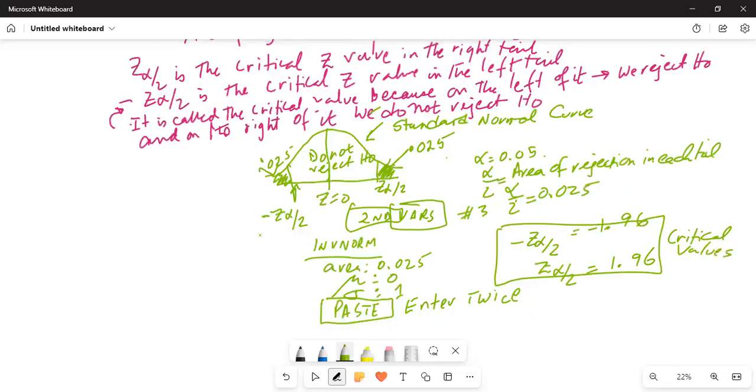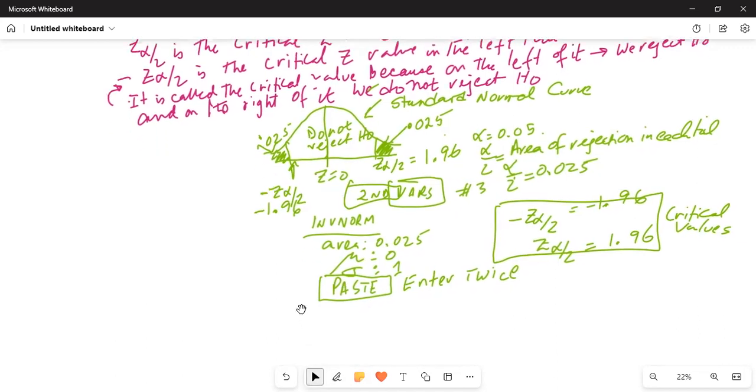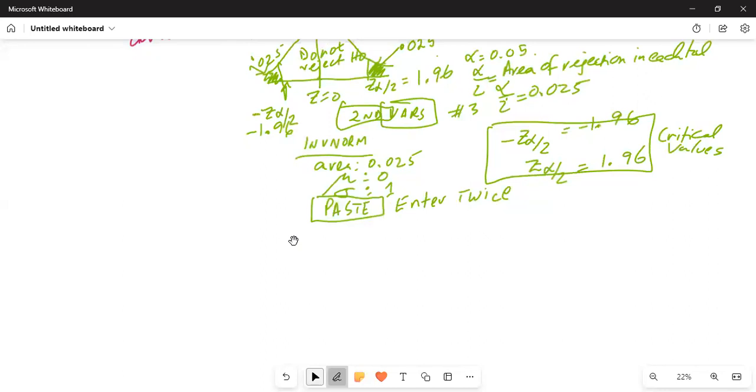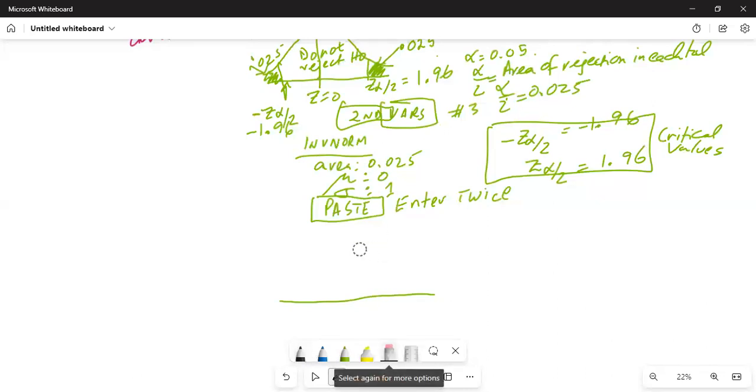Again, if I draw the picture, maybe this time with a different ink so you'll see it clearly. Let me change the color of the ink. Okay, let me erase this.